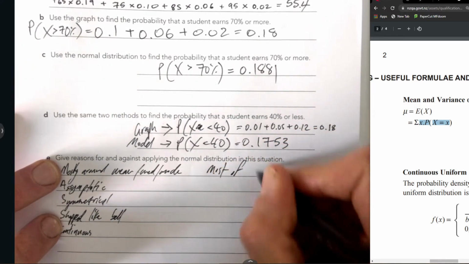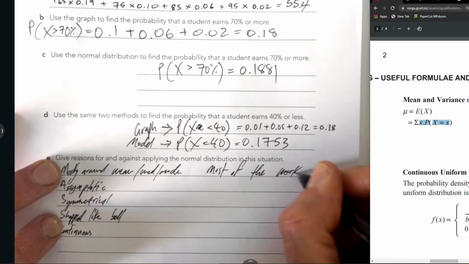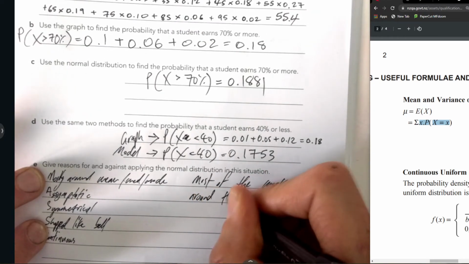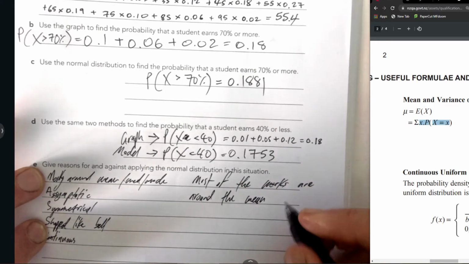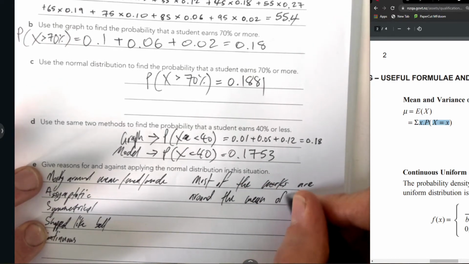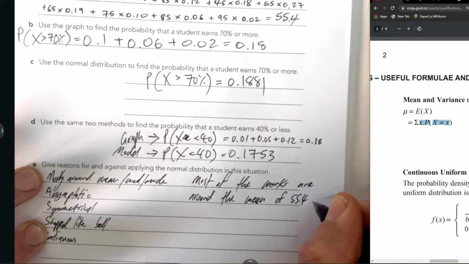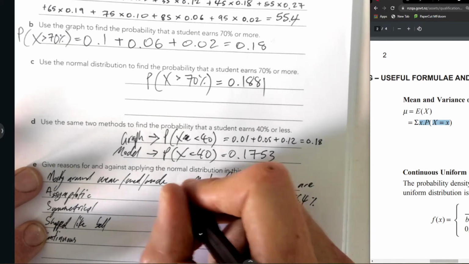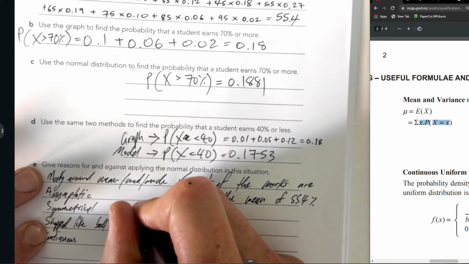Most of the marks are around the mean of 55.4%. So that's a for. What's another for?